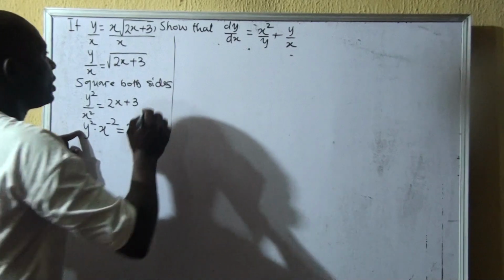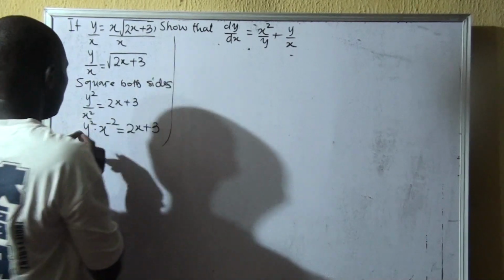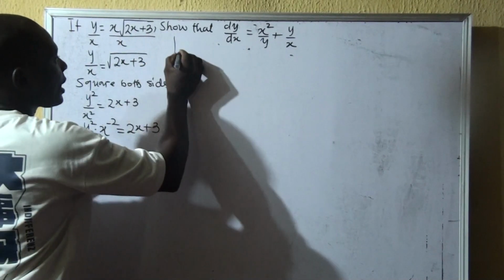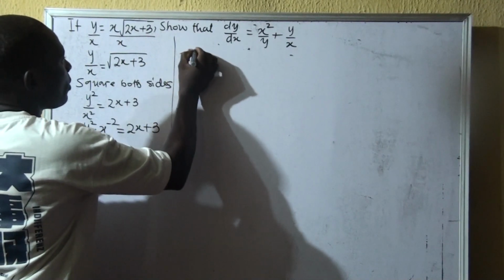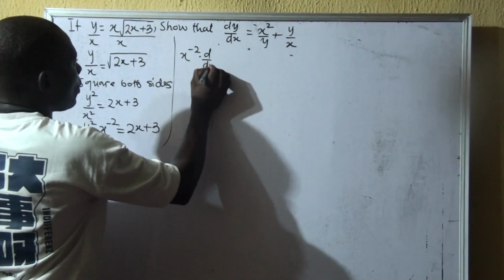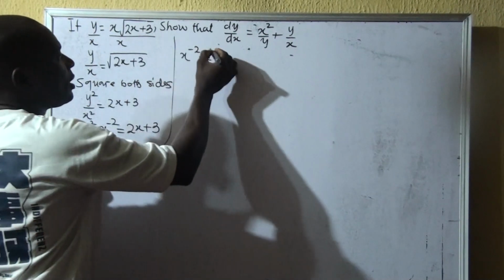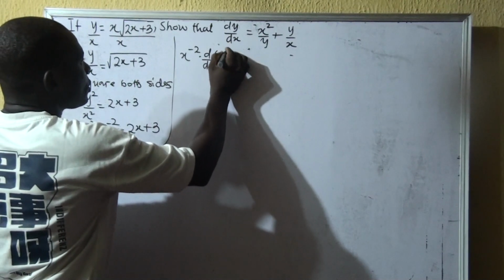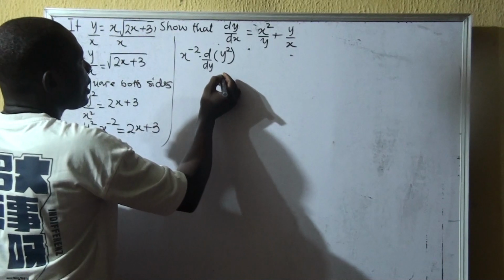So here, let's look at this. If we are differentiating y squared, we multiply with x raised to power minus 2, the derivative of y squared. We close the bracket.